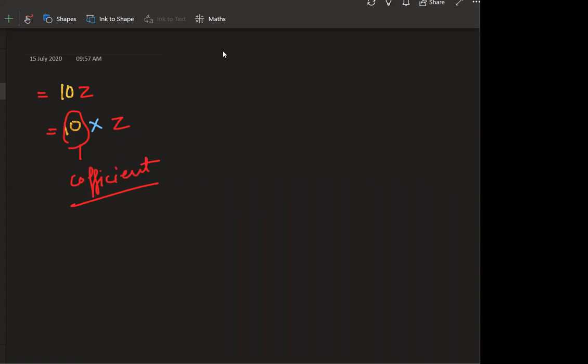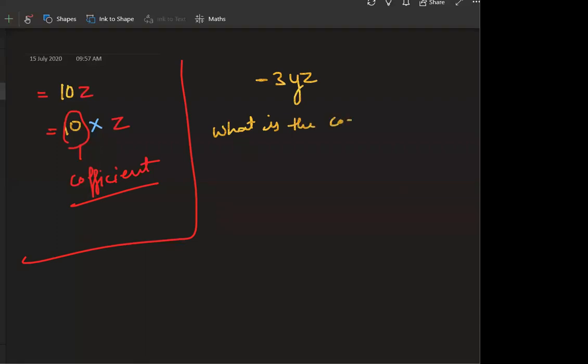Everyone will understand. I will give you one more example. For example, if I say minus 3yz, what is the coefficient of yz?